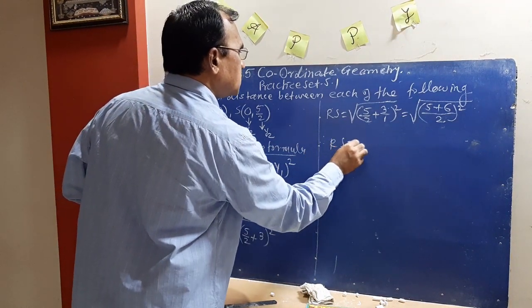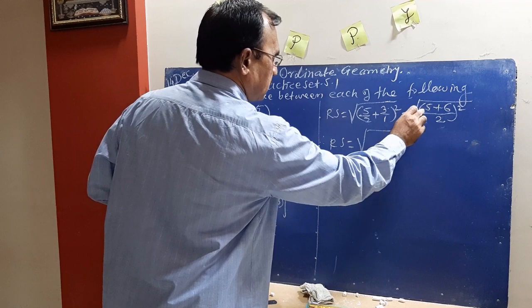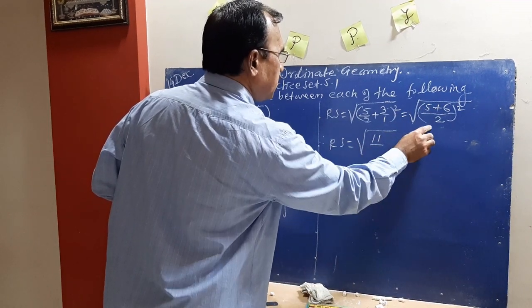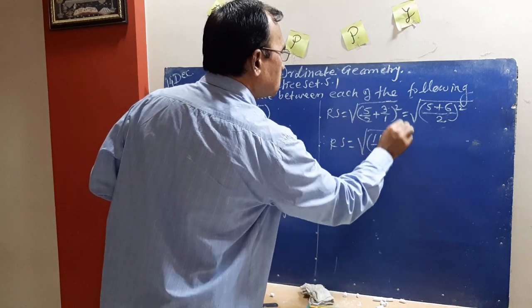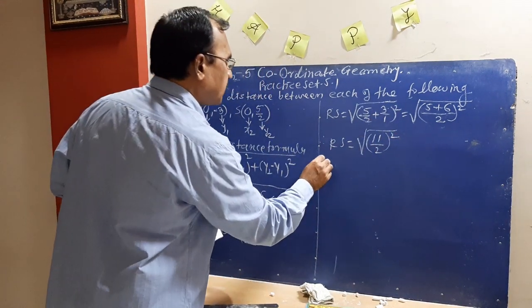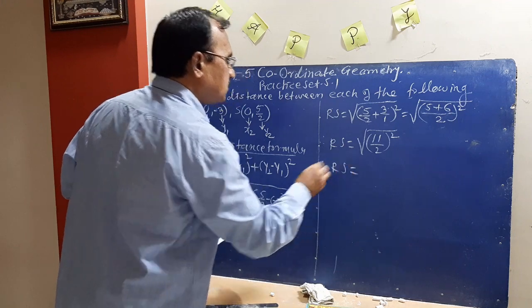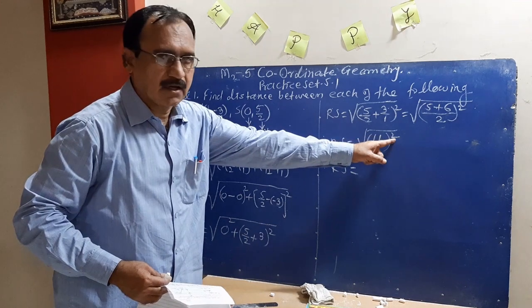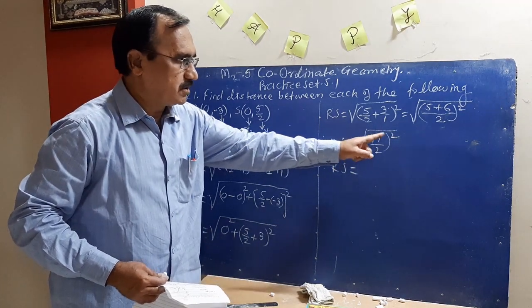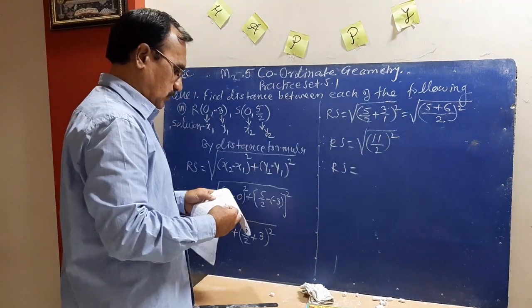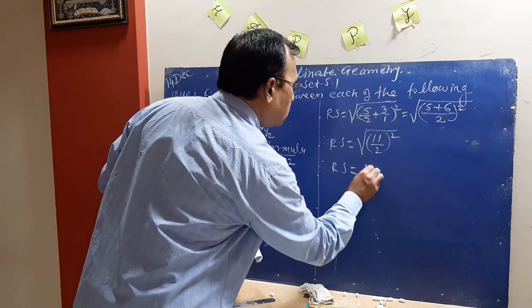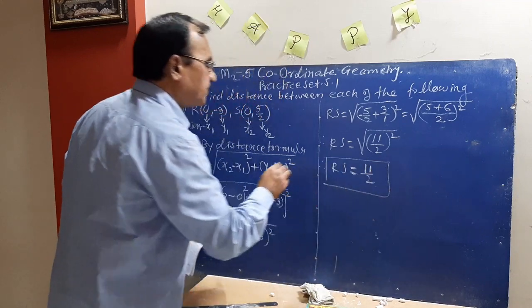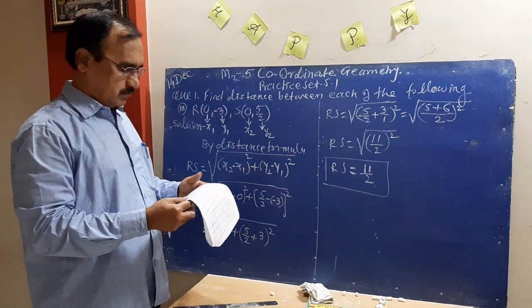Therefore RS is equal to under root (5 plus 6, 11, divided by 2) whole square. The square root and square get cancelled, and therefore RS is equal to 11 by 2, the required answer.